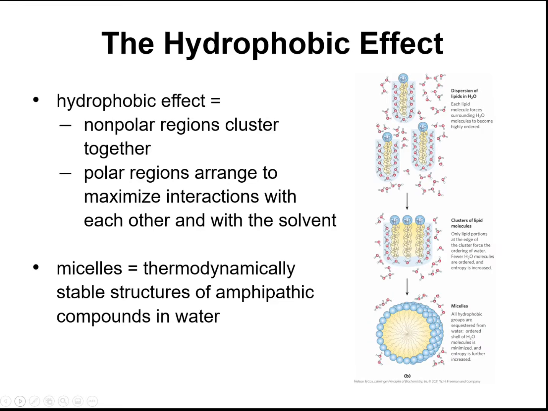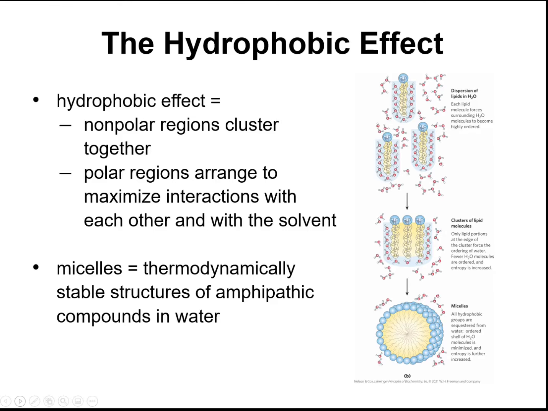Now, let's say that you have a high enough concentration to where the lipids can start to cluster together. That's called the hydrophobic effect, where those nonpolar regions come together so that they can interact with each other, and the charged or polar regions can also interact with each other and with the water around it.